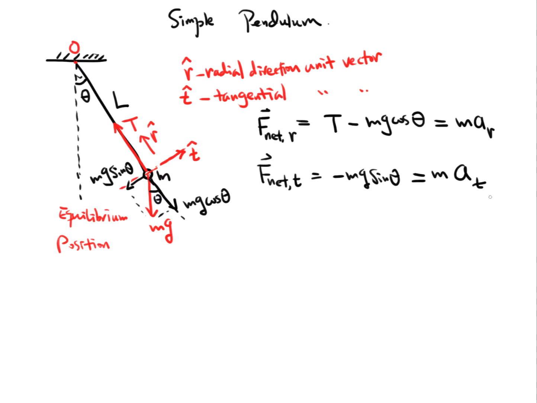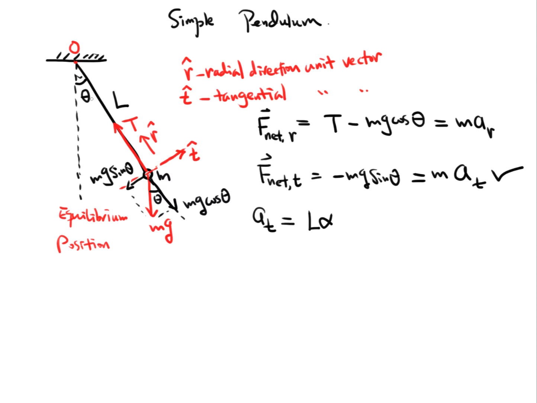Now we're going to focus on the second equation, this one here, to describe the simple harmonic motion derived from the simple pendulum system. Okay. So to do that, let's rewrite a tangential as, because the circular motion here has radius L, equals L times alpha.